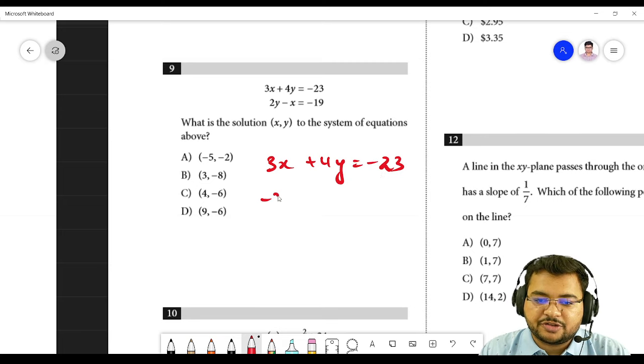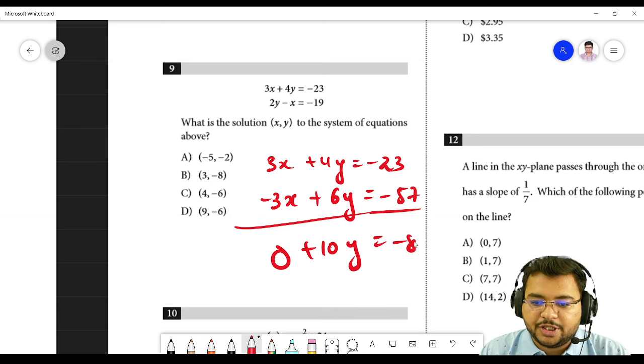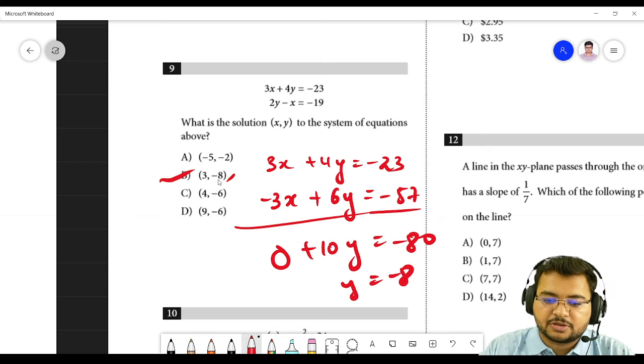Then I will multiply the second equation by 3 and write it down. I think 19 times 3 is 57. Yeah, and then I will simply add both the equations. So it will be 0, it will be 10y equals minus 80. So y will be minus 8. Let's see if any option has y equals minus 8. So yes, this is B option.